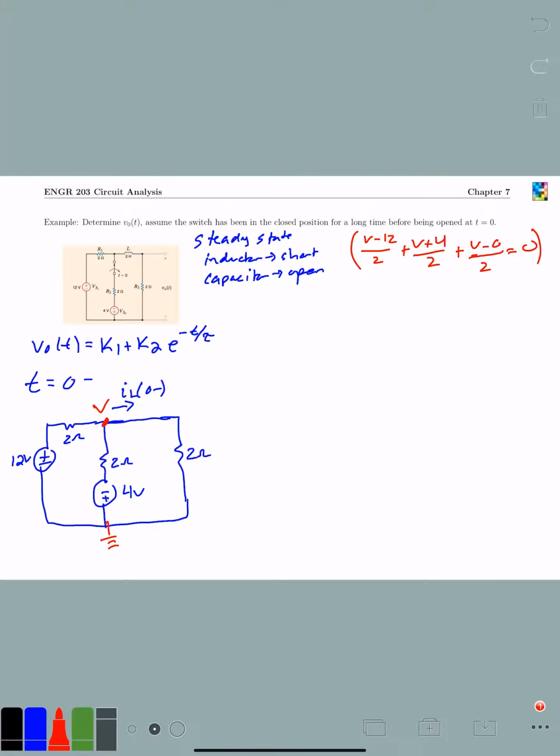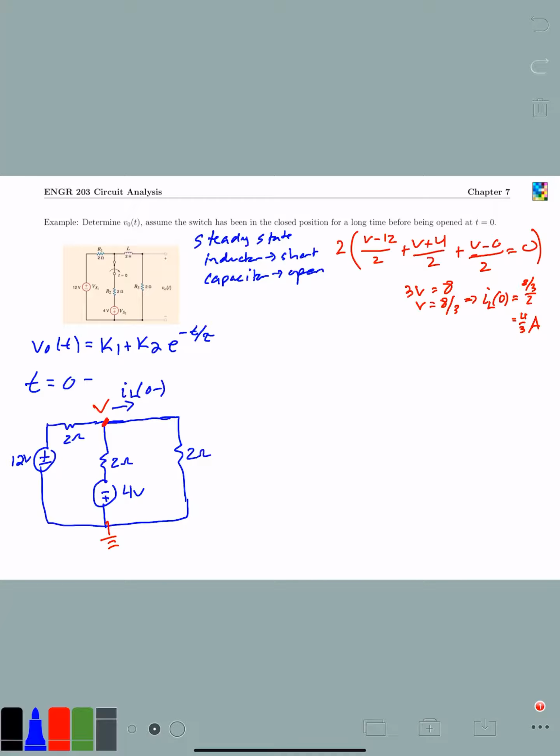We'll go ahead and clear out the denominators here, and we'll have 3V equals 8, or V equals 8/3. And once we have that, then IL of 0 would be 8/3 over 2, or 4/3 amps. That gives me the initial current.